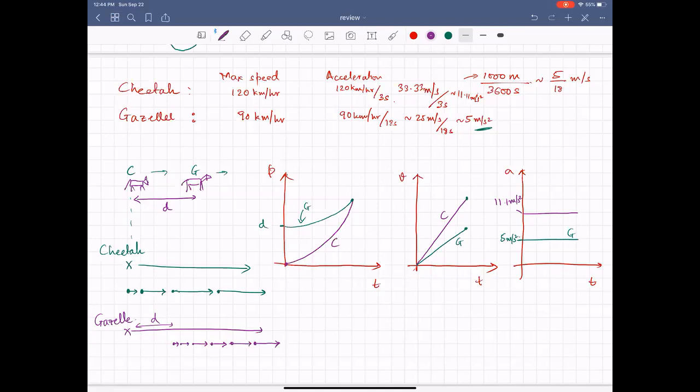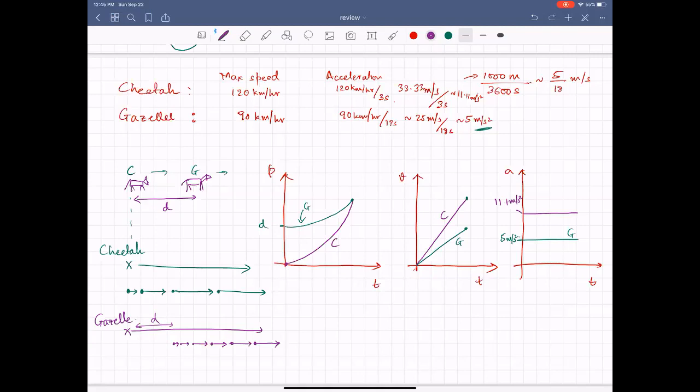Velocity-time, acceleration-time, and motion maps that would represent both. Okay. Find the final position where the cheetah would catch the gazelle and the maximum velocity that each of the animals reach. Okay, so there is something slightly open-ended about this, which is you're not given the initial distance d away.